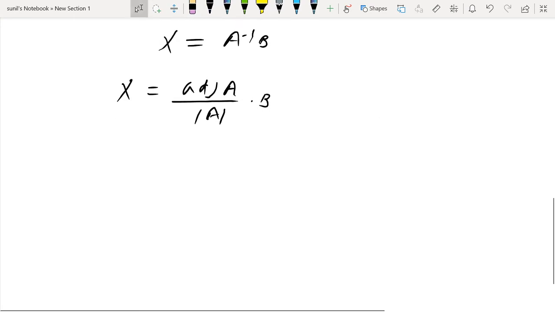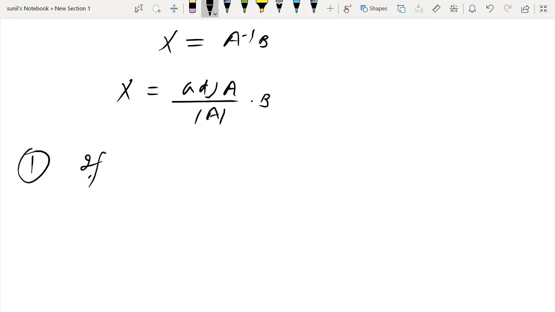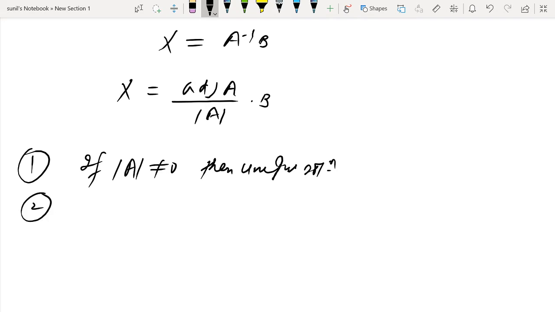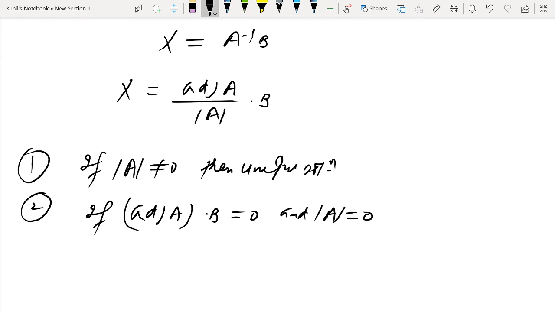Now there is a criteria. Number 1: if determinant of A is not equal to 0, then a unique solution. Number 2: if adjoint of A into B is a null matrix and determinant of A is also 0, then infinite solutions.